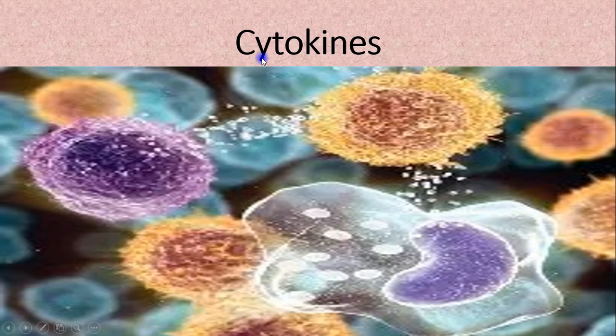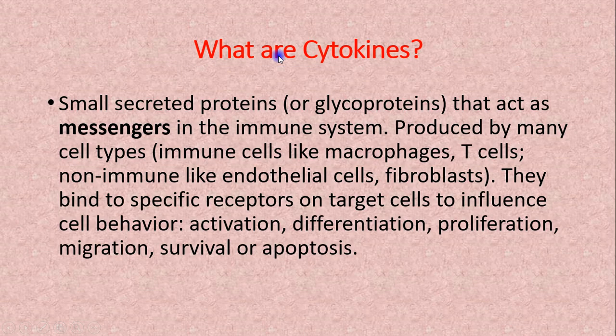So today we're going to be having an overview of cytokines. What are cytokines? Cytokines are small secreted proteins or glycoproteins that act as messengers in the immune system, produced by many cell types such as immune cells like macrophages, T cells, or non-immune cells like endothelial cells and fibroblasts.